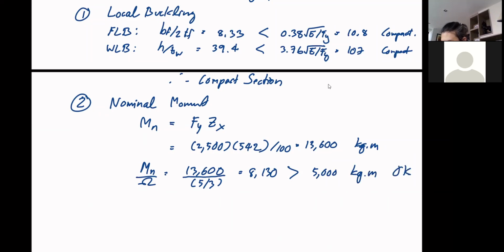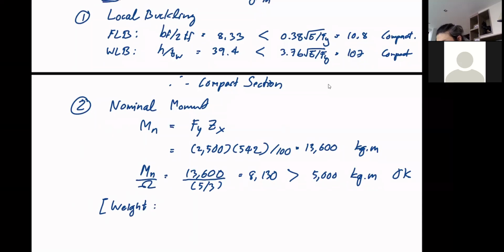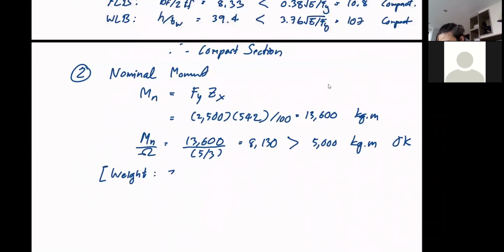And let's take a look at the weight. Now we have 36.7 versus the assumed number of 100. You may want to go back, but you know you get the number less than 5,000 here, right? So it doesn't affect anything. So you say, okay, it's fine, because the weight of the beam that we actually use is way less than the assumed number.